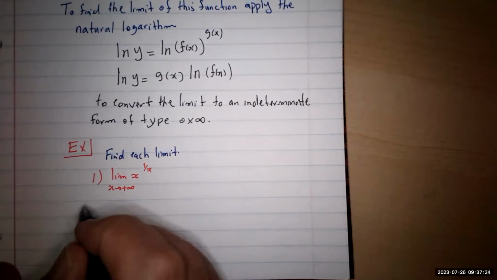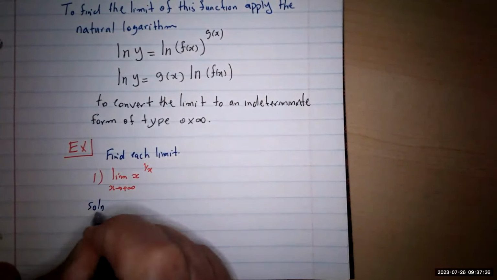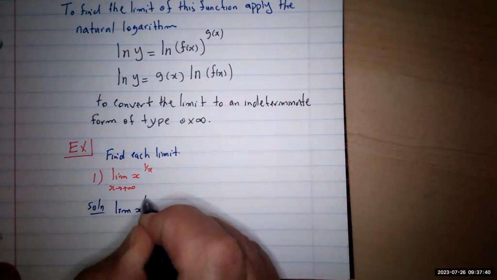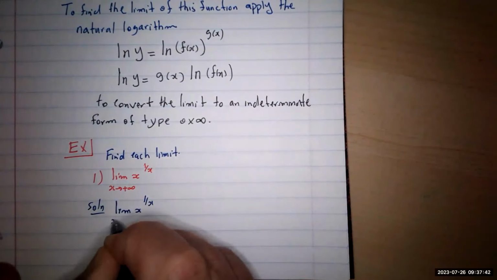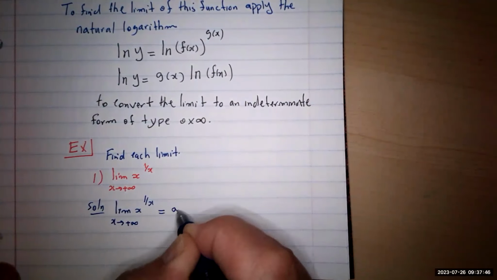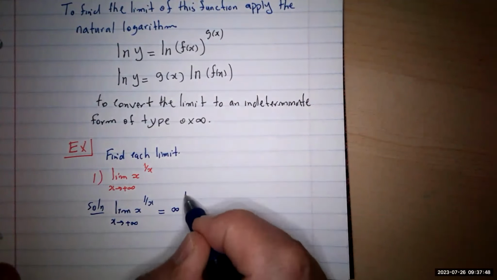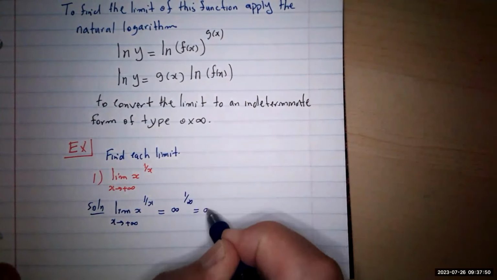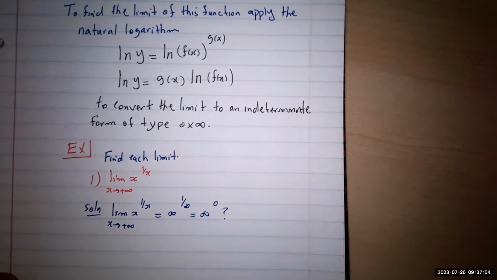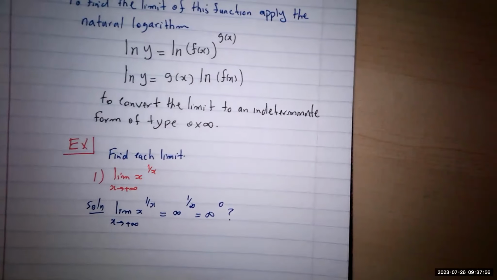Solution, if you want to try it: the limit of x raised to 1 over x, as x goes to positive infinity, would be infinity to 1 over infinity, which is infinity to 0. So that will tell you that you have an indeterminate case.